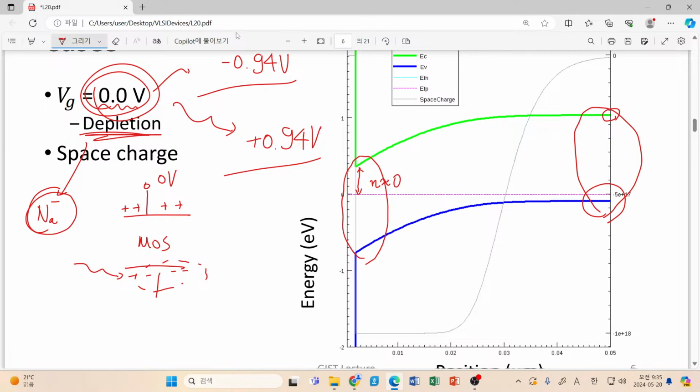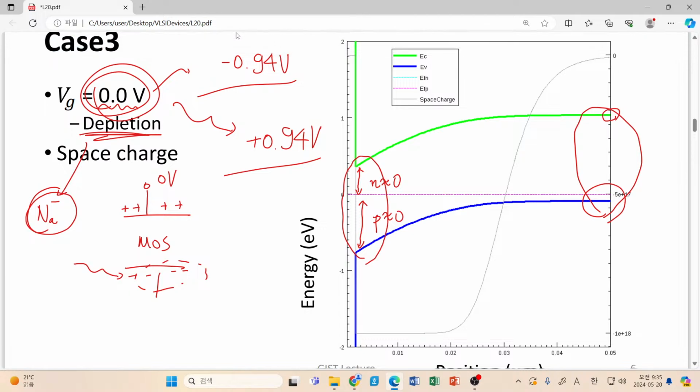And how about hole density? Even in the case of hole density, the energy difference is quite large, so hole density will also be quite small. That simply means that near the surface, or near the interface, we have no electrons and no holes. Then what is remaining?